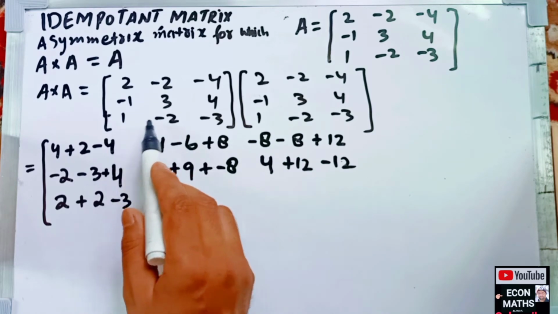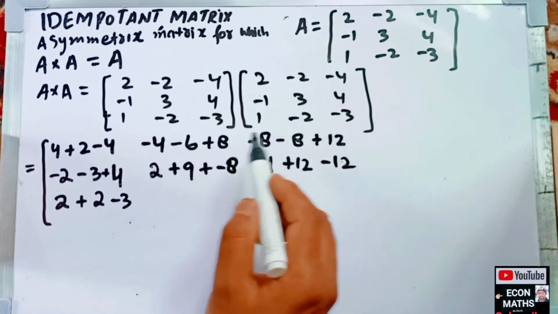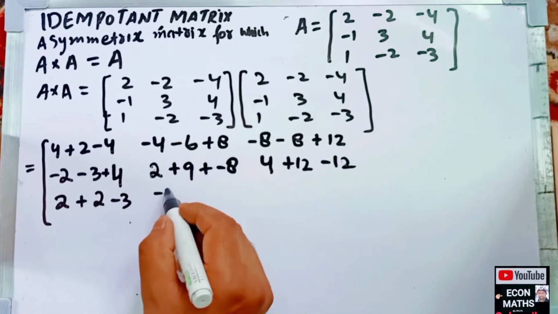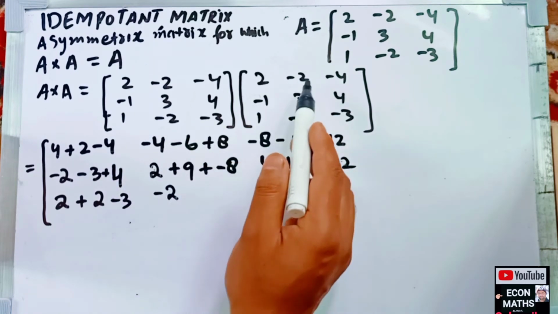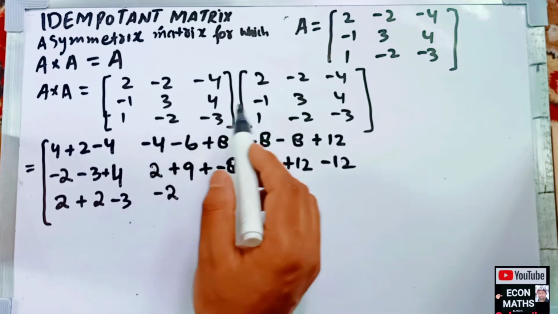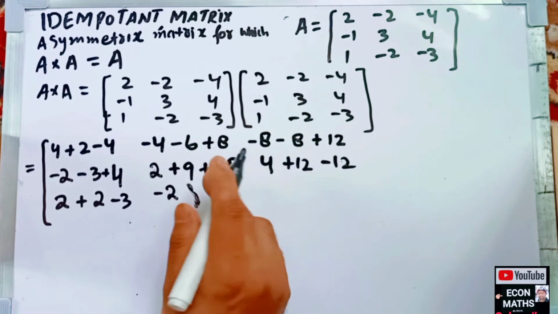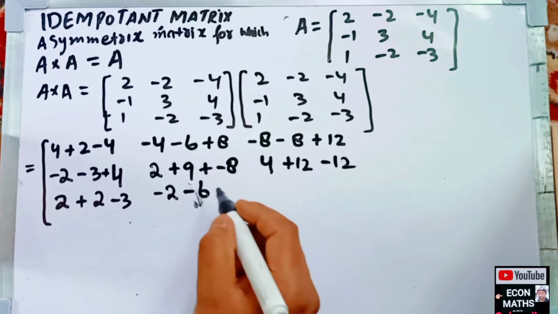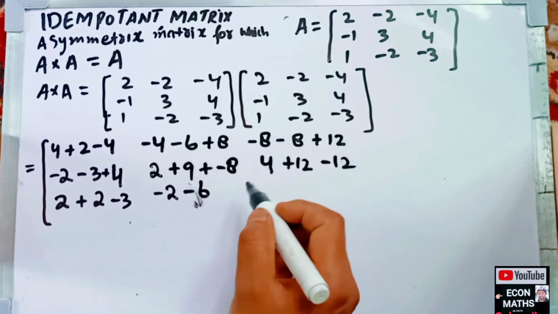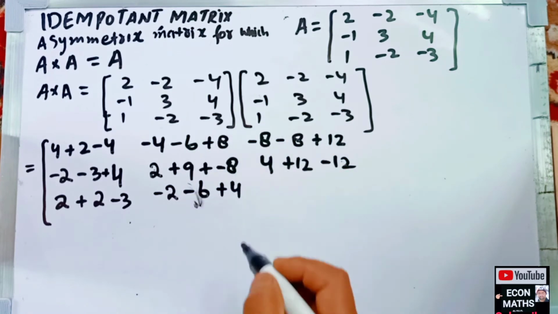Similarly, third row, second column, that is 1 into minus 2, that is minus 2. Minus 2 into 3 is minus 6. Similarly, minus 3 into minus 2 is plus 6.